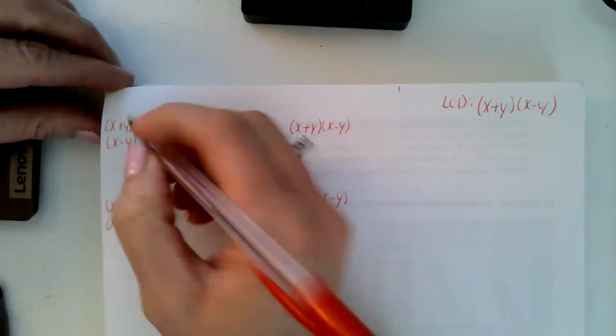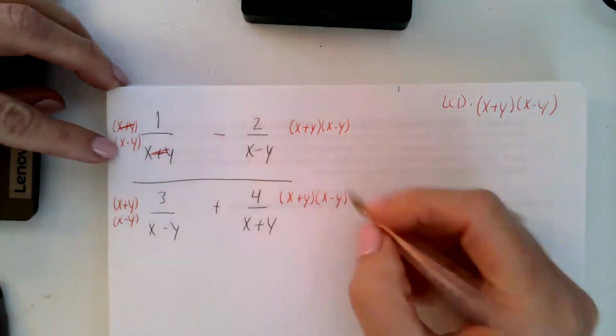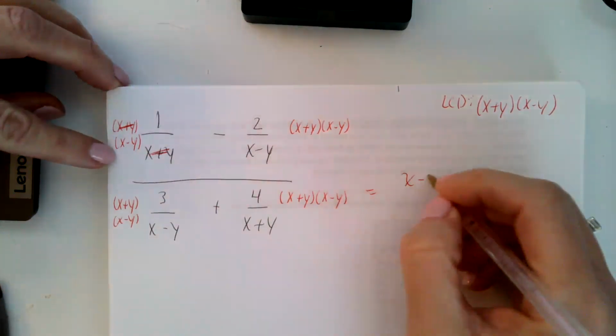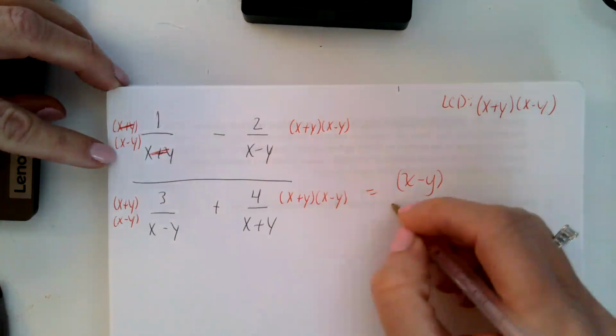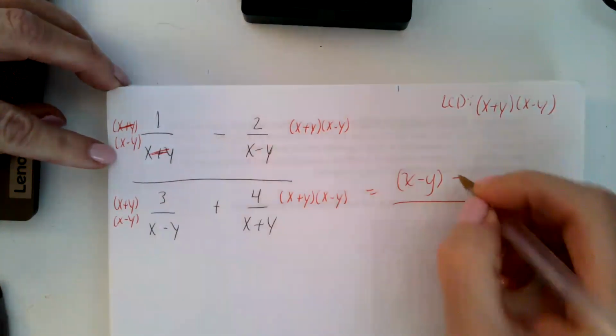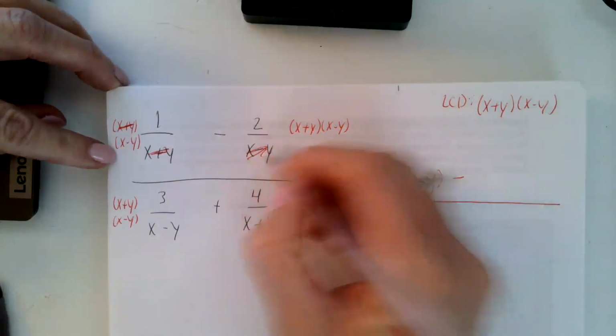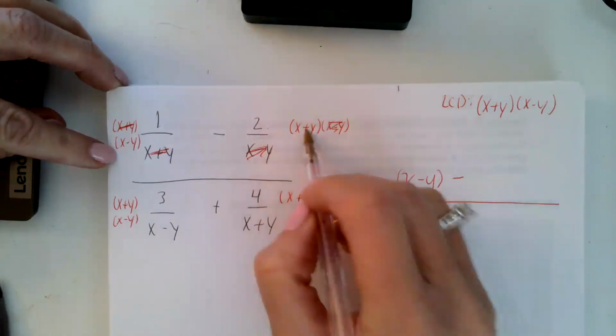So what that does is it cancels out the denominator there. So we are left with an x minus y. And I'm going to keep them in parentheses for now. And then subtracting. And then my top right fraction, the x minus y's cancel. And I have 2 times x plus y.